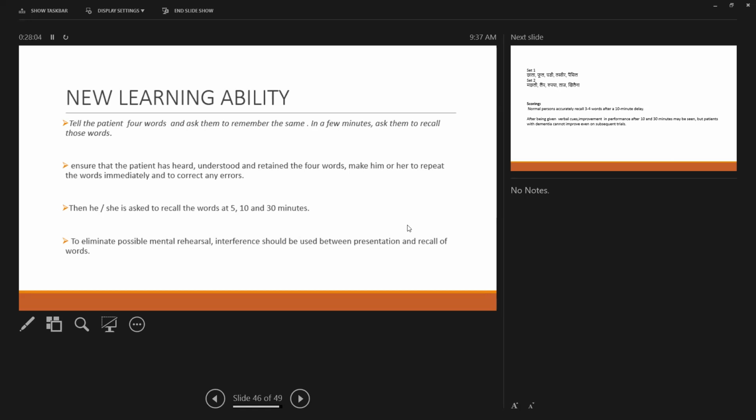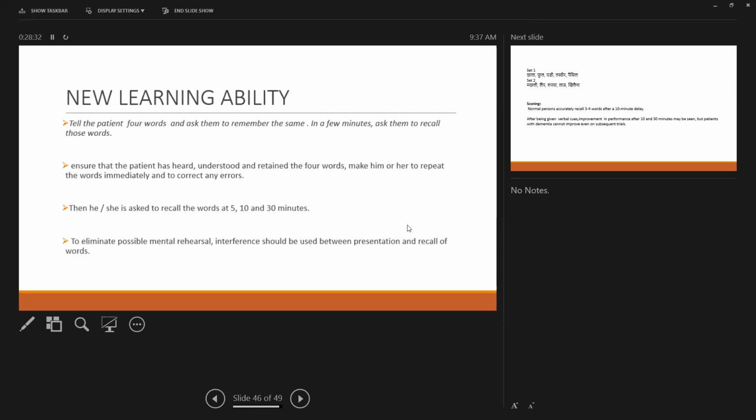How will you differentiate apraxia from aphasia? आपने apraxia भी एक possibility डाला है, तो apraxia को aphasia से कैसे differentiate? Sir, in apraxia, for example, I will ask the patient to blow a candle.